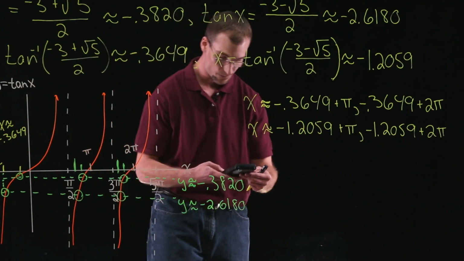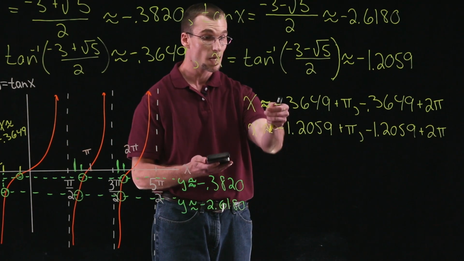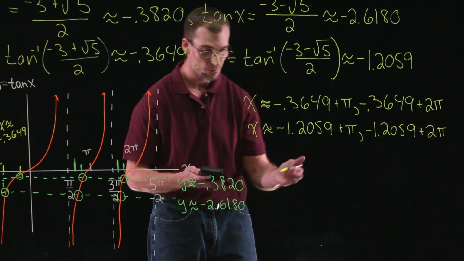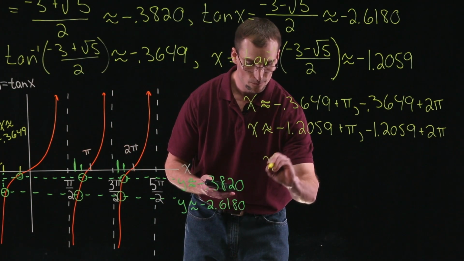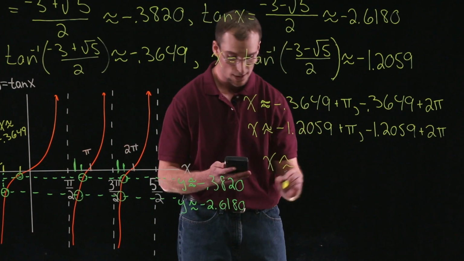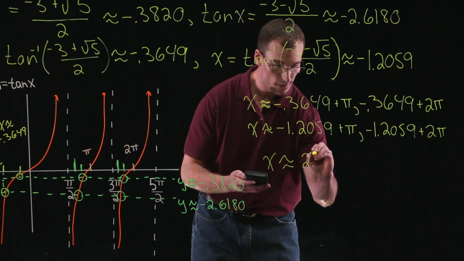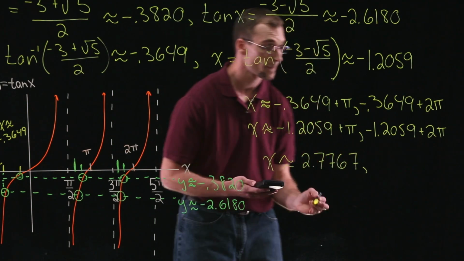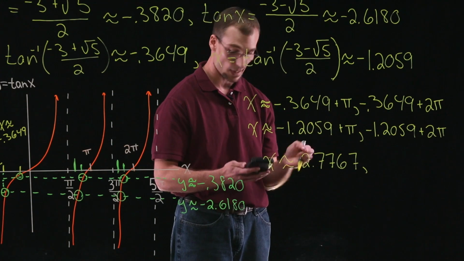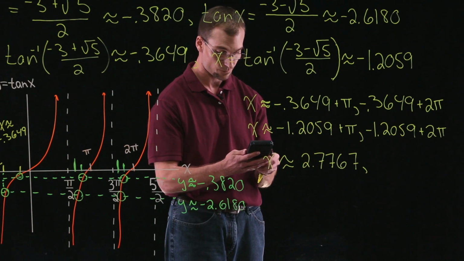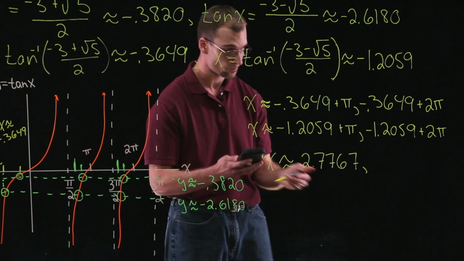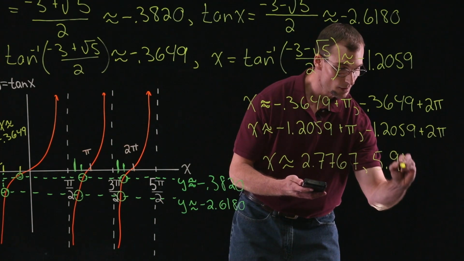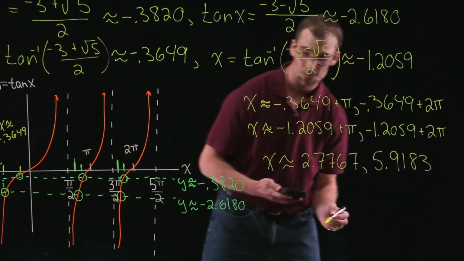So taking our calculator, so first, negative 0.3649 plus pi, we get 2.7767, and negative 0.3649 plus 2 pi, we get 5.9183.